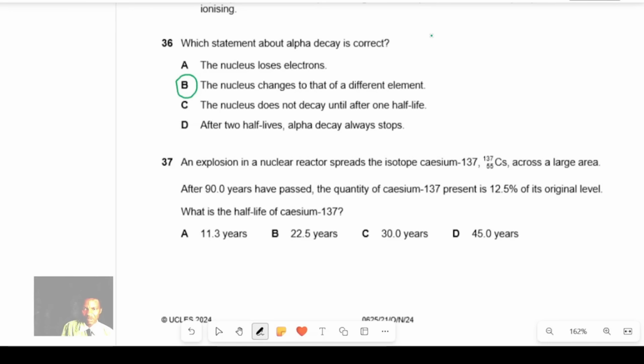So if we have A, Z, X, and it undergoes alpha decay, it is going to release an alpha particle, which is 4, 2, plus the daughter, which will now become A minus 4, X, and then Z minus 2. So this is a new element.